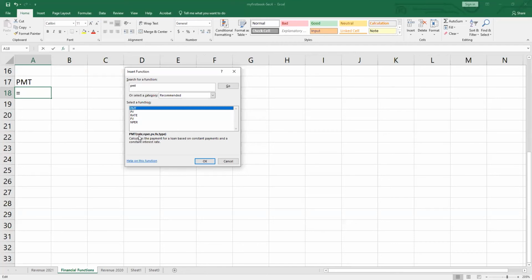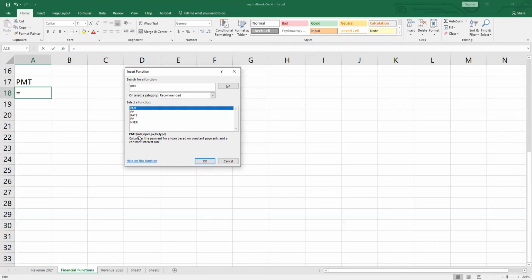Fv is future value. I'll show you again when we are in the example. Fv is future value, that means the value of the money at the end of the period, the end of the contractual period.